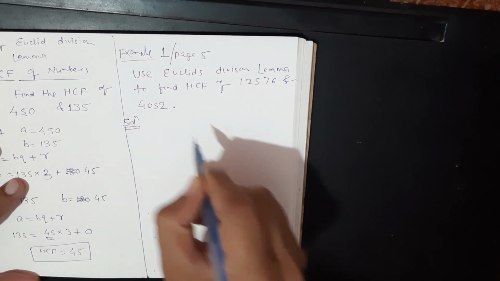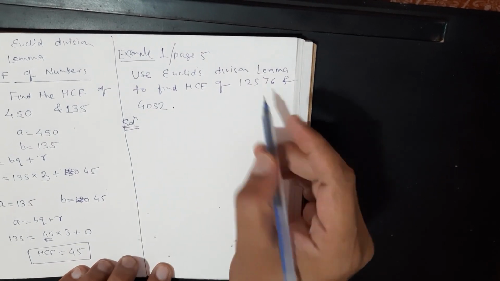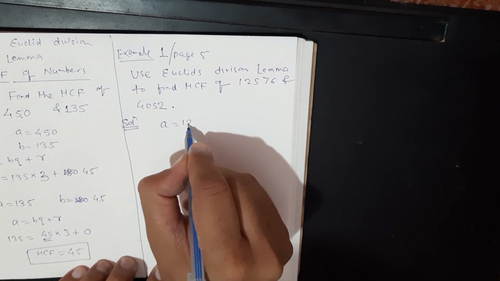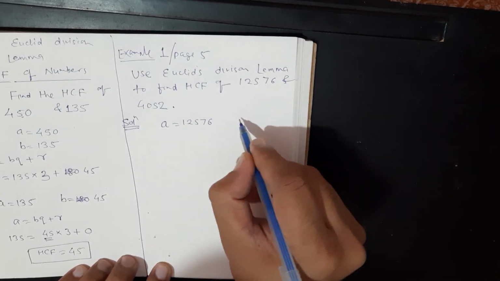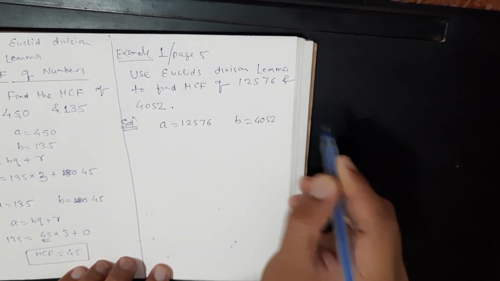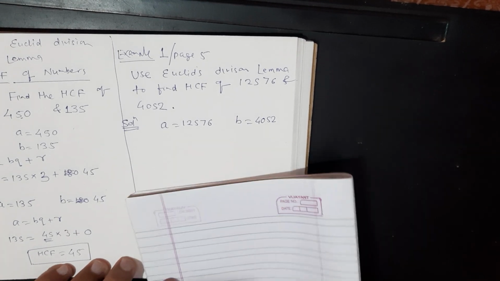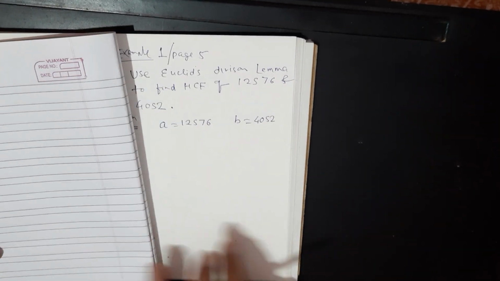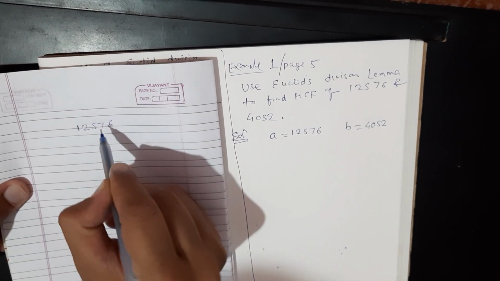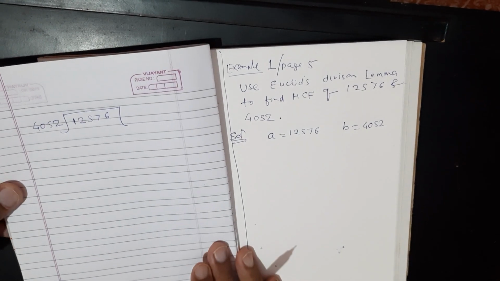Solution. What I have told you here, in this example we have 2 numbers. The greater number will be assumed as A and the small number assumed as B. Now we will do the same in rough section, that we will divide 12576 by 4052.